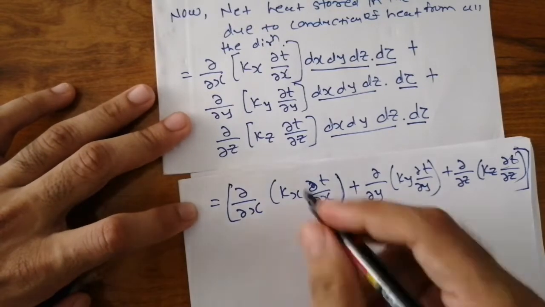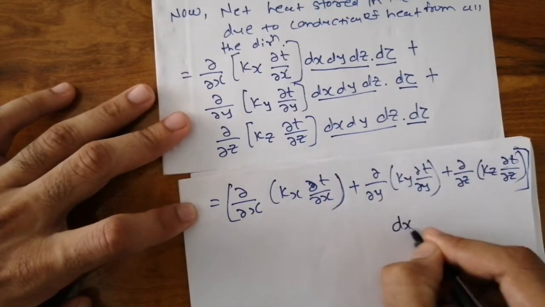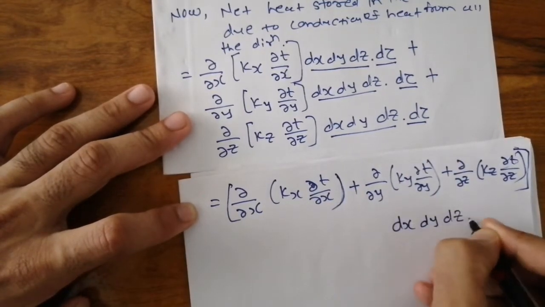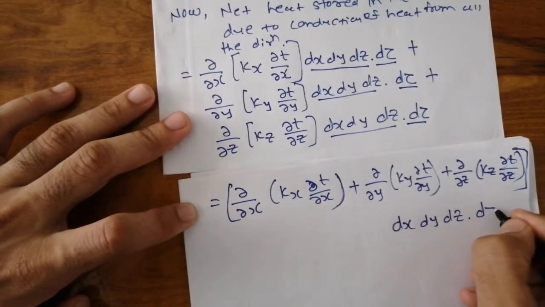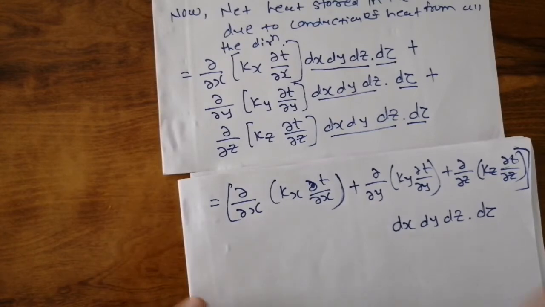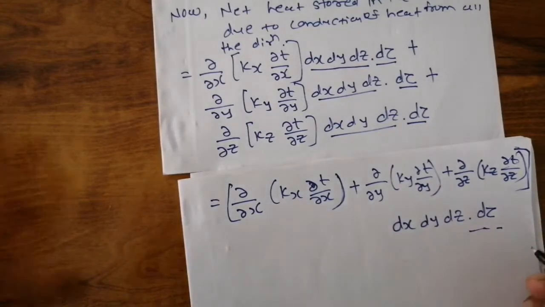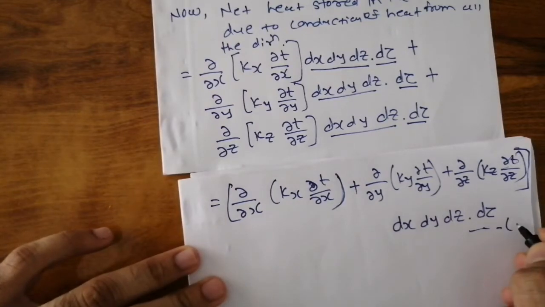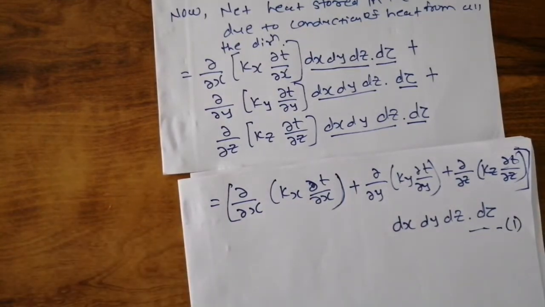Now we also take common dx dy dz into del tau. So our part A equation is over. We are giving this equation number 1.